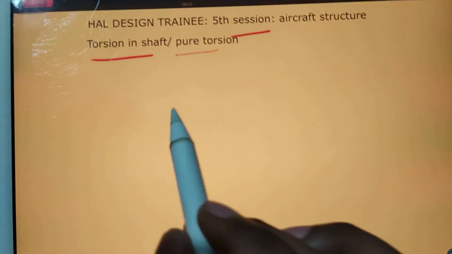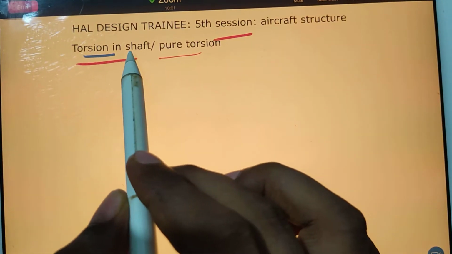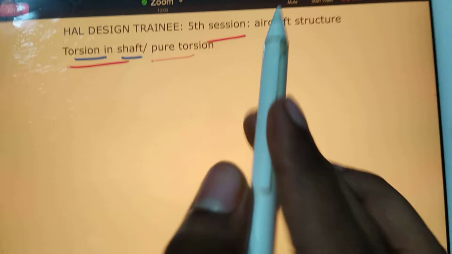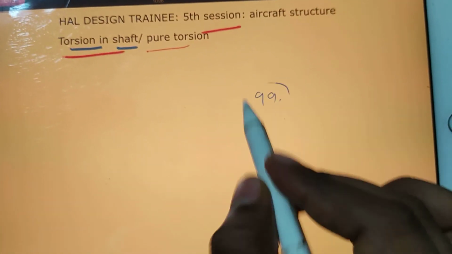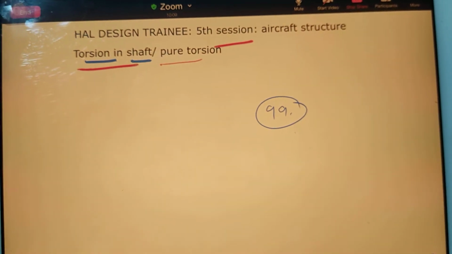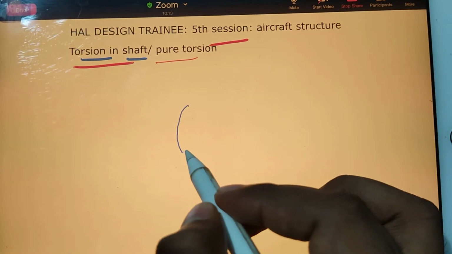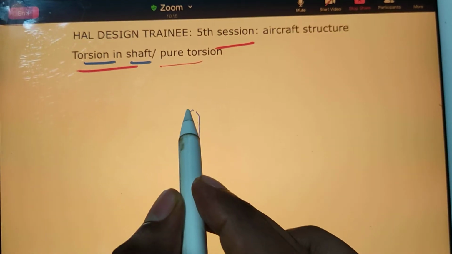Now see, because it is about the torsion of shaft, there is a 99% chance our shaft is going to be of radial shape. So we'll be having a shaft of circular cross section.